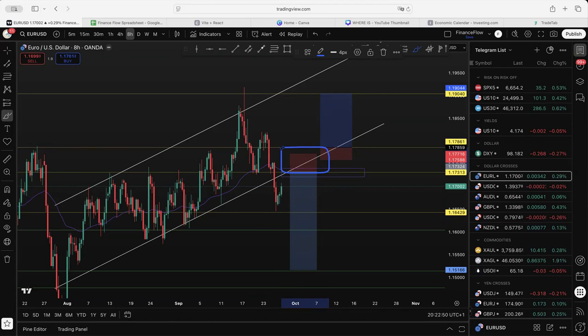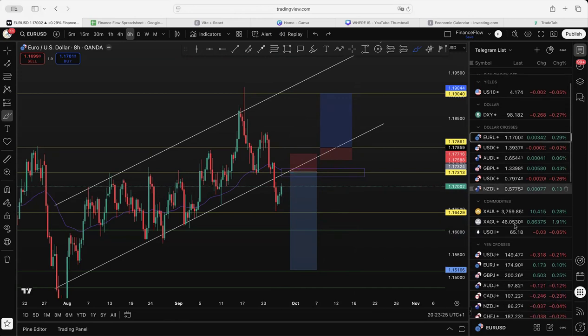Even on a lower time frame, if you pre-plan and your plan works out, like if price drifts up here and really can't break this, and then we get this move here, even if you're not confident enough to take it, but you've marked it out, what's that going to do? That's going to give you that extra confidence potentially on the next one to take it.